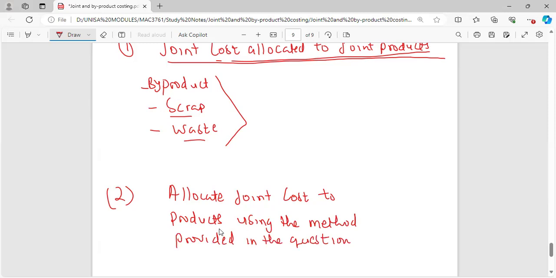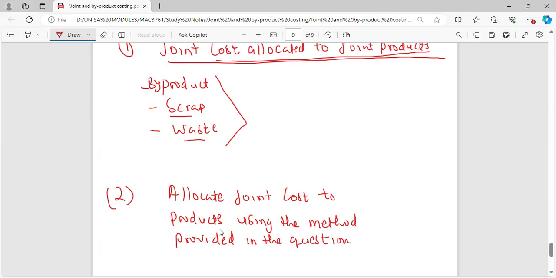So in summary, I can say when you are answering your question on joint cost, just be careful on how to treat the byproduct, how to treat the scrap, how to treat the waste. I think that's the only area which can complicate your answering of the question.